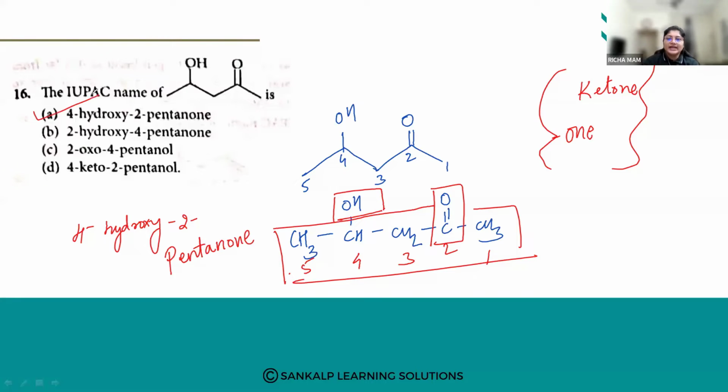So it is option A, because in the parent chain we have the ketone, so it is pentan-2-one. Option A is the answer. Yes, Hema has answered it correctly. Very good. I hope you are understanding this.